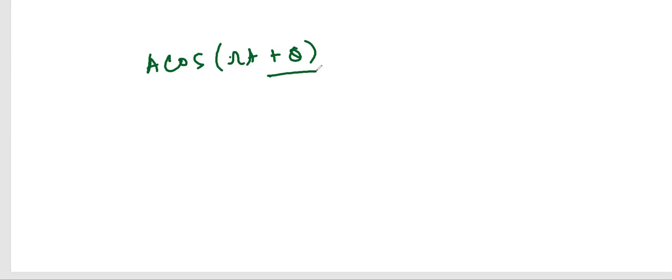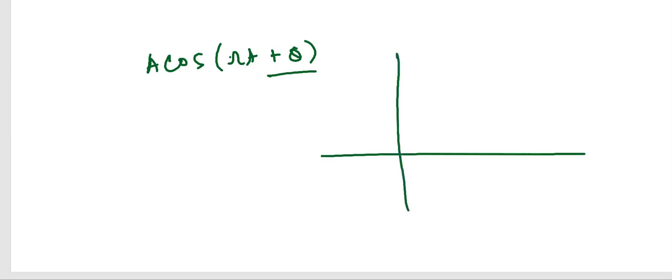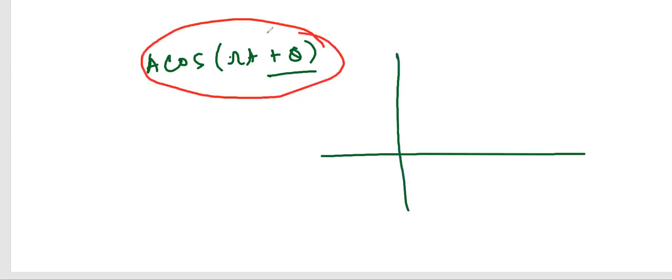You need to put it on the left side or the right side. Plus theta means it is shifted to the left. Okay, so that is the convention. That means this is leading. This is called the leading.